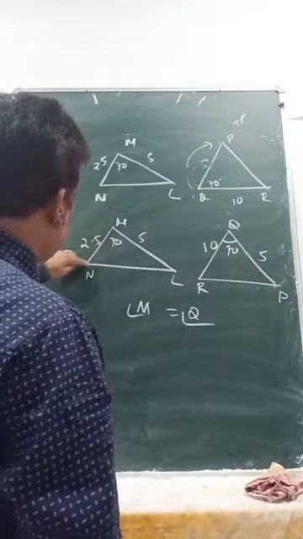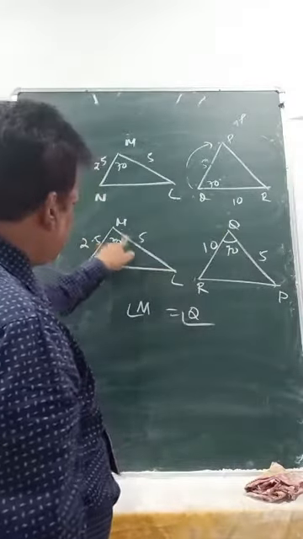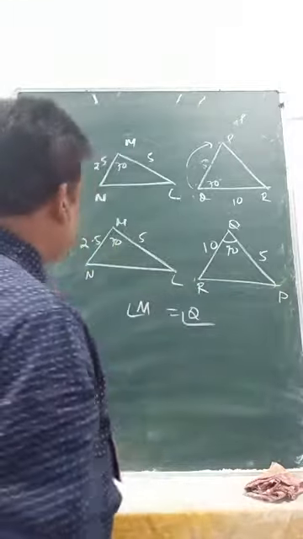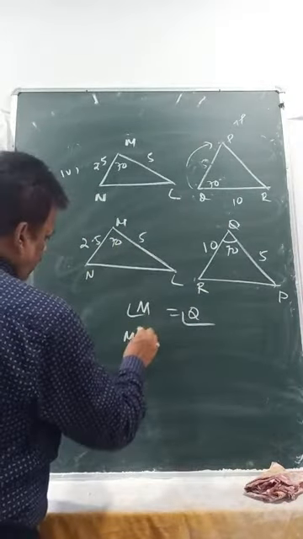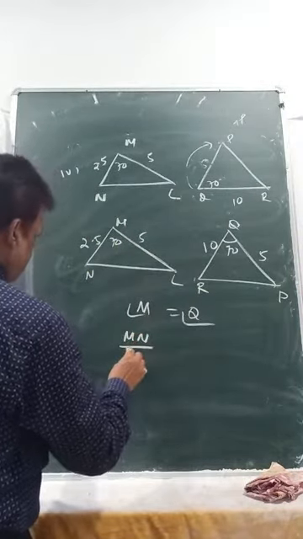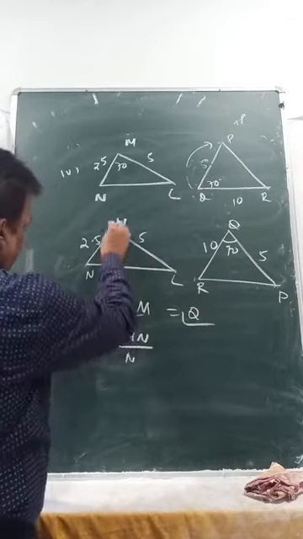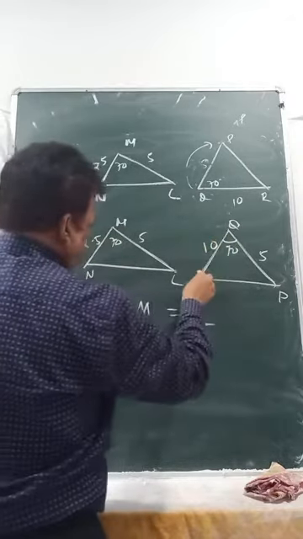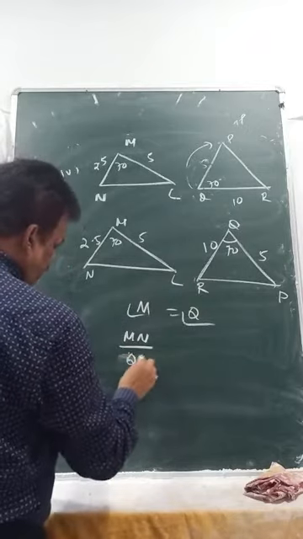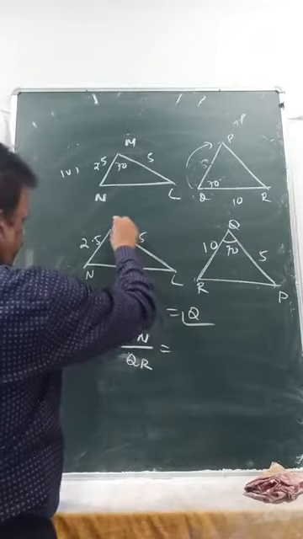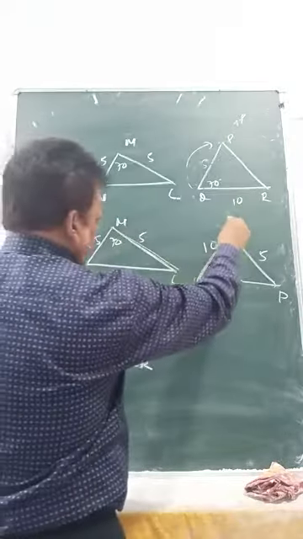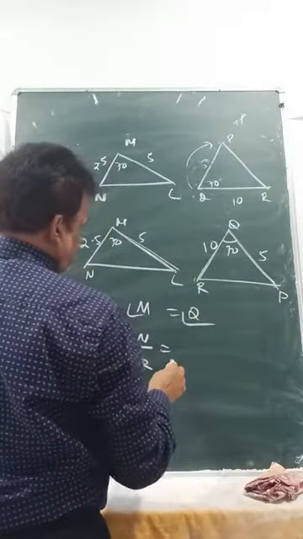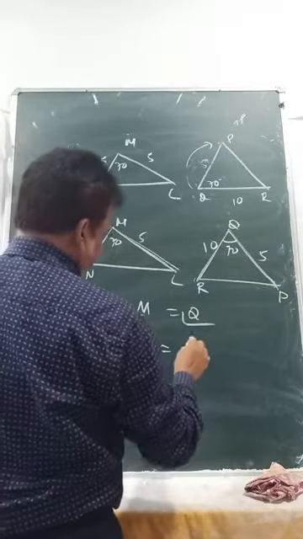Corresponding means this by this should be equal to this by this. So MN by QR equals ML by QP.